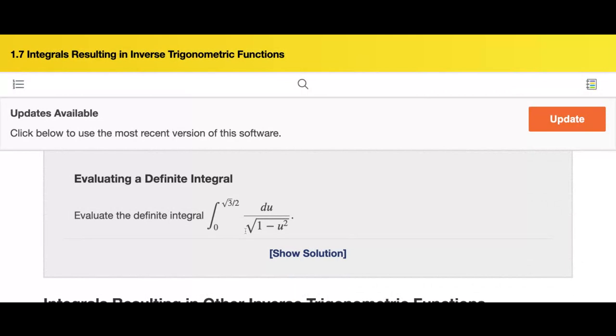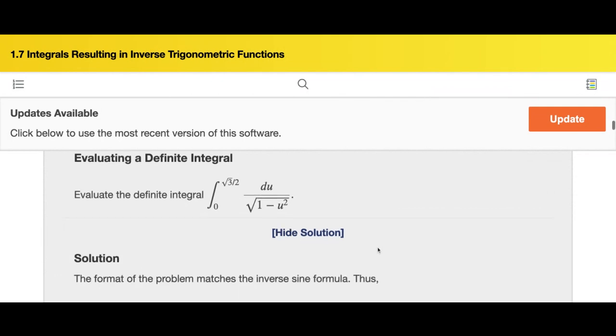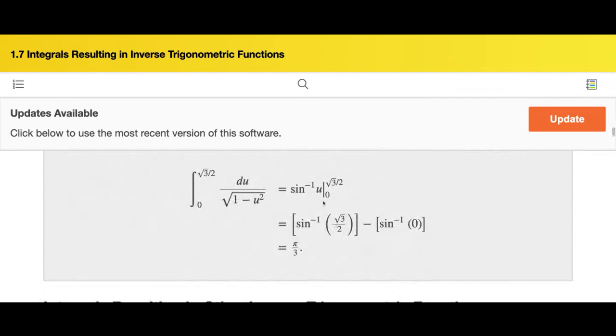Let's see this one. This is a definite integral. We want to evaluate from 0 to square root 3 over 2. Inside we get 1 minus u squared, that should be easy. We just have arc sine of x, evaluated from 0 to square root 3 over 2. What's arc sine of square root 3 over 2? That's pi over 3. What's arc sine 0? That's 0. We just get pi over 3.